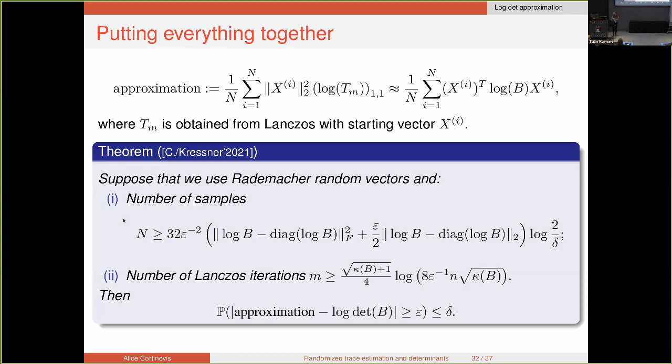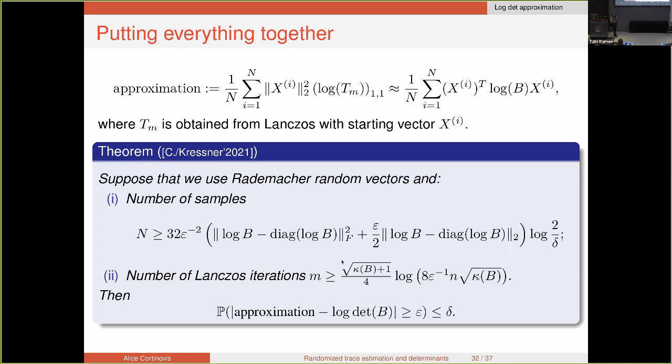So combining the analysis for the Hutchinson trace estimator and the analysis for Lanczos for the quadratic forms, you can get a bound on the number of samples and the number of iterations that you need to ensure that the probability that this approximation differs from the log determinant of B by more than epsilon is smaller than delta.